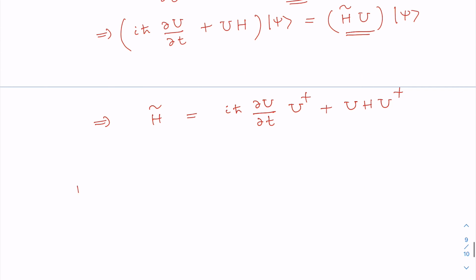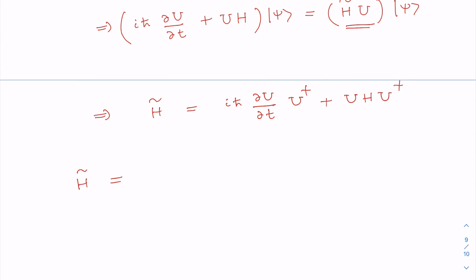So therefore I have this transformation relation, that the new Hamiltonian is related to the old Hamiltonian by this relation, and this relation is actually worth remembering. So this is what we have.